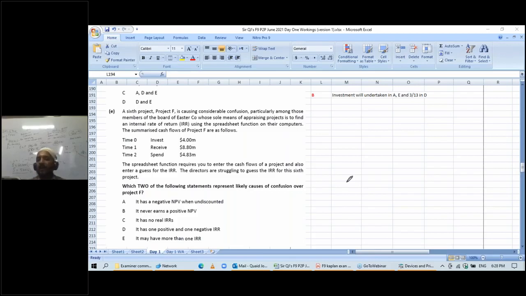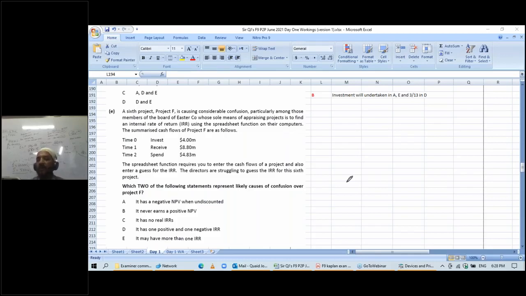That is, we make an investment in the beginning and we pay money. And then after we make the investment and pay money, the cash starts coming back to the business. So all the cash flows after the initial investment are positive.